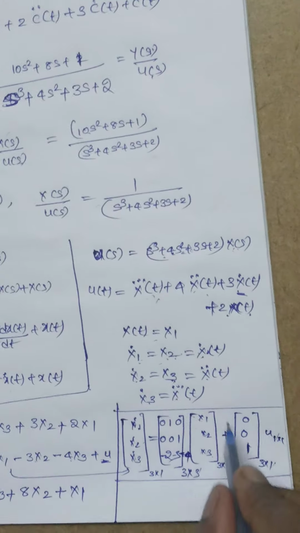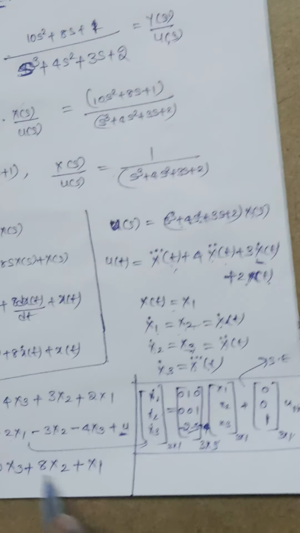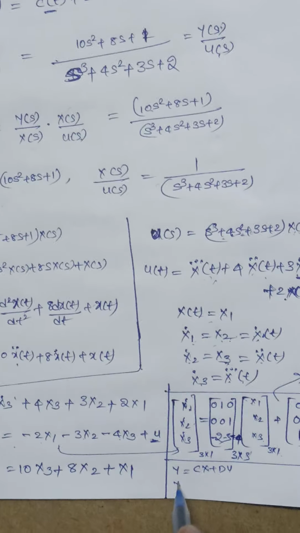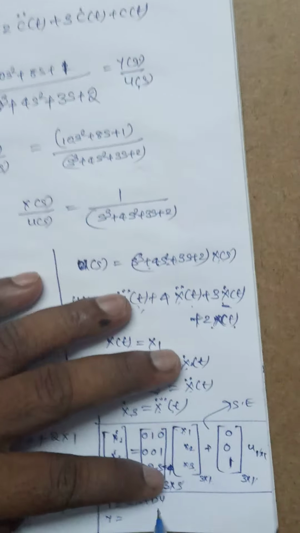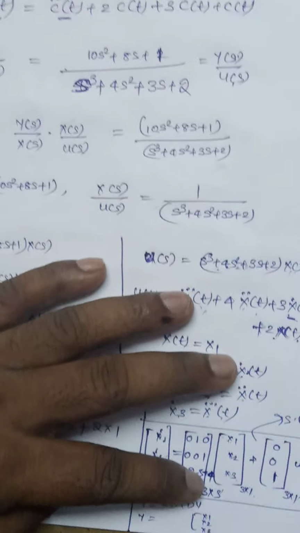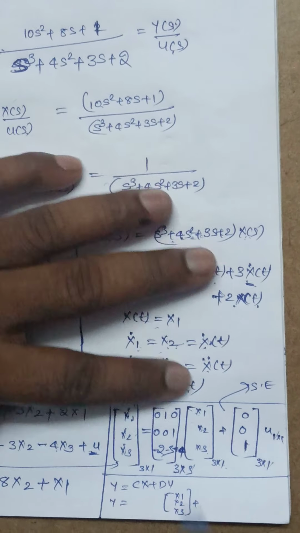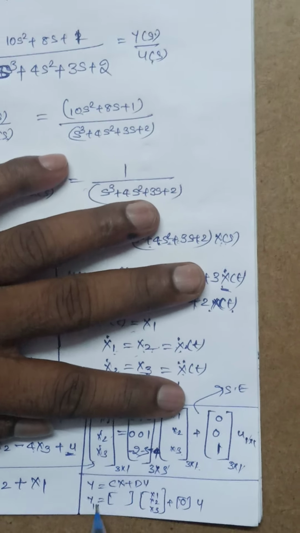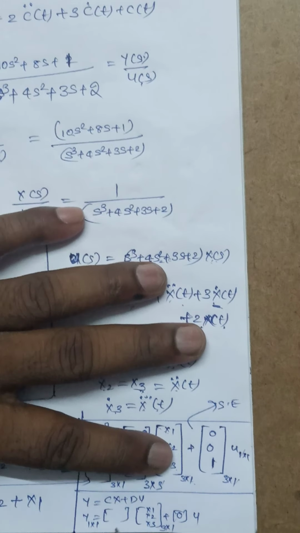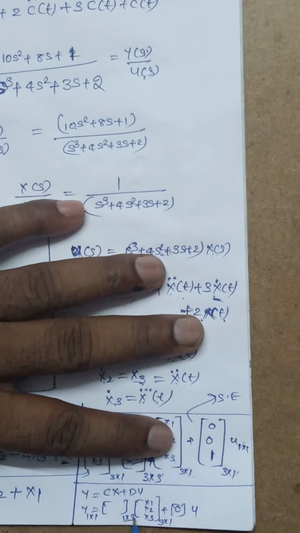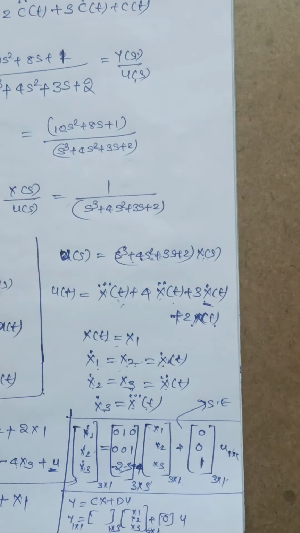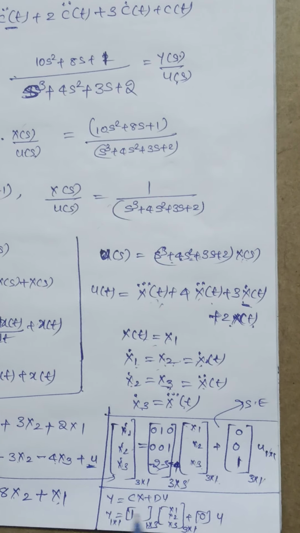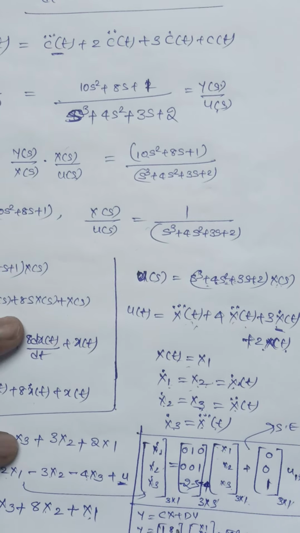So this is the state equation. Next, the output equation is in the form y is equal to Cx plus Du. So y is equal to x1, x2, x3, plus 0 times u, as there is no input involved here. Only a 1 by 1 matrix will come out, so C should be a 1 by 3 matrix, because the 3 will get cancelled. Here the x1 coefficient is 1, the x2 coefficient is 8, and the x3 coefficient is 10.